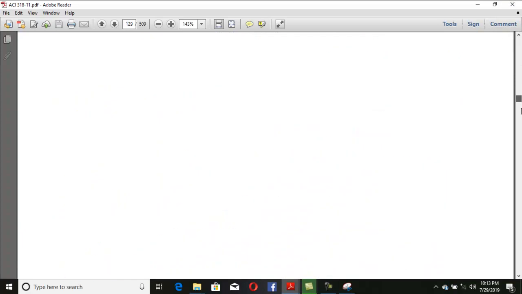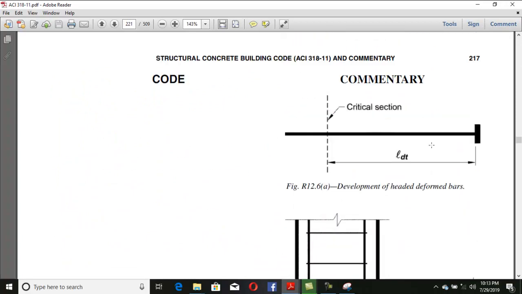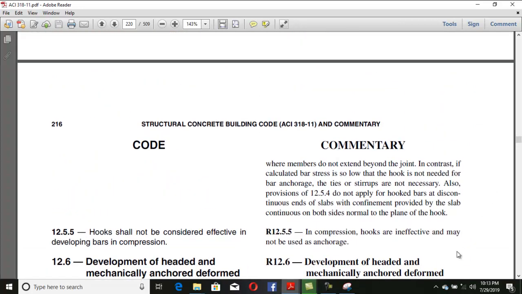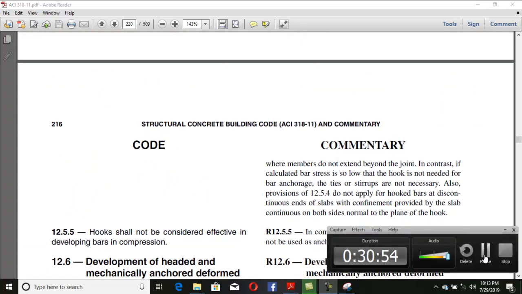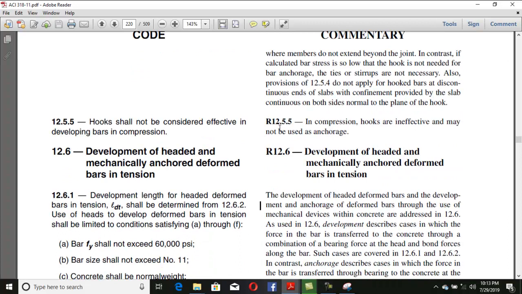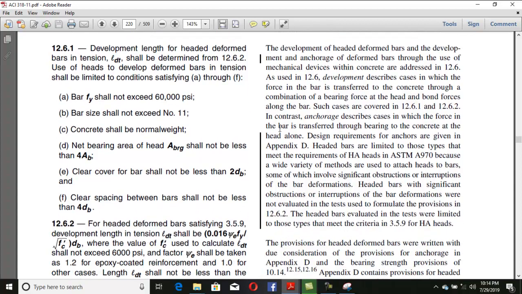So page number 209, this is the development length for tension. Development of headed and mechanically anchored bars in tension.